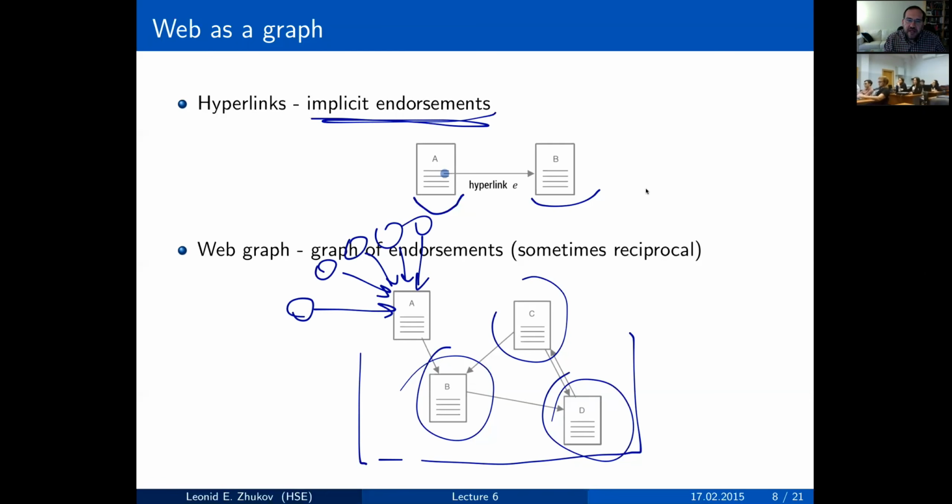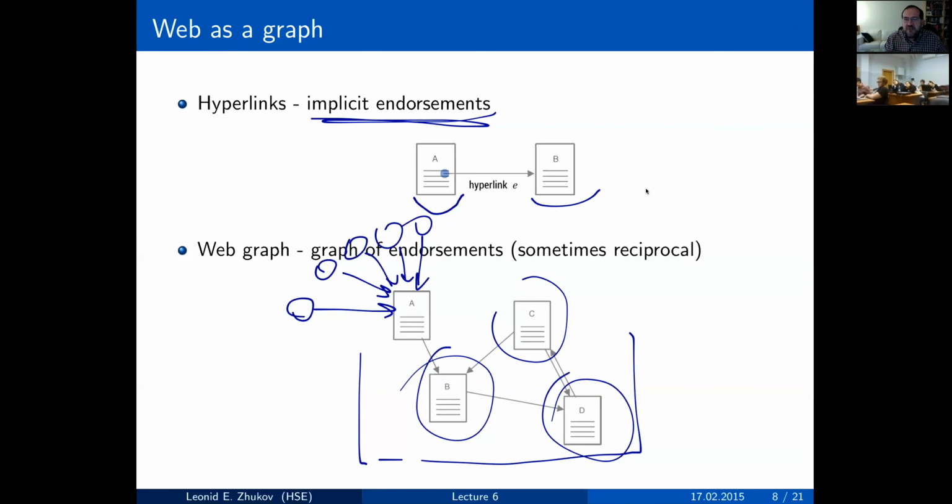And so PageRank, in some sense, wanted, on the one hand, to use this notion of importance based on the incoming links. On the other hand, it takes into account the fact that the pages that do the endorsement, or the pages from which links are coming, can be very different.